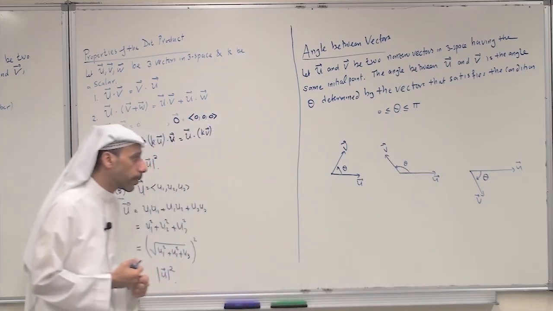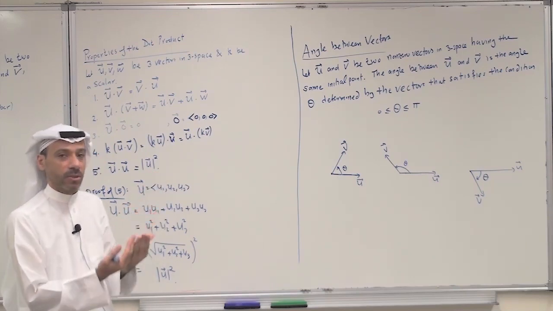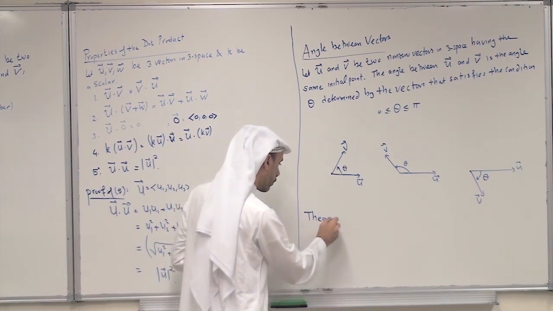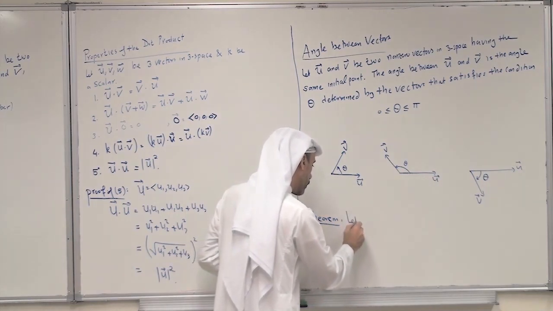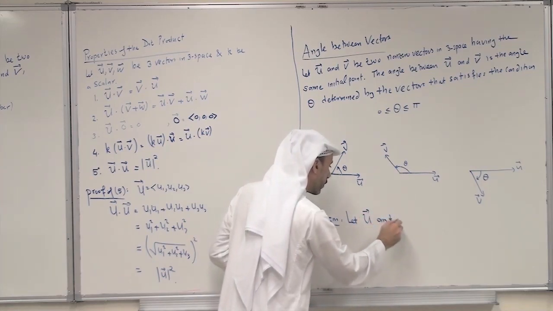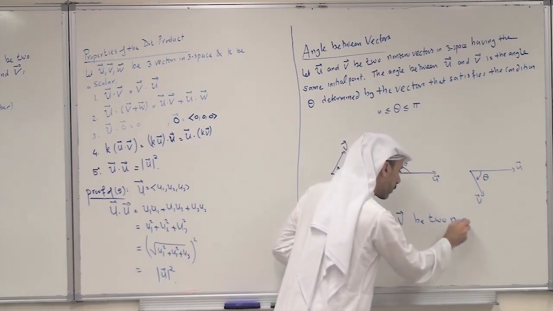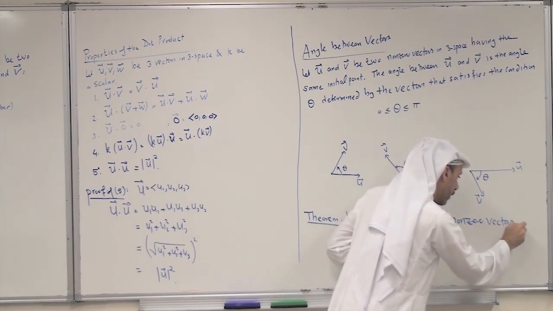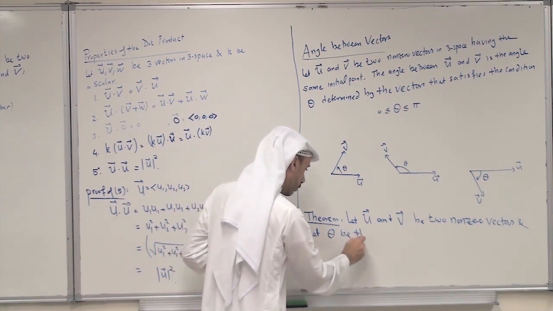This is the definition. Now the dot product will help us find the angle between two vectors. And for that we have the following theorem. Let u and v be two non-zero vectors, and let theta be the angle between them.